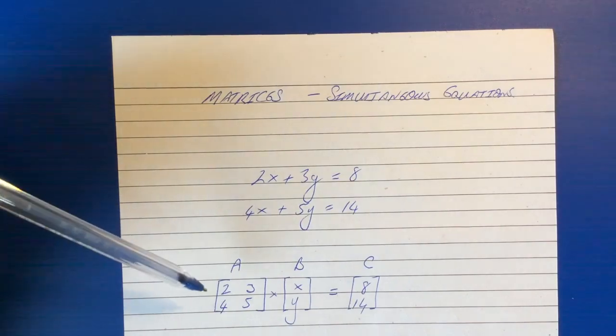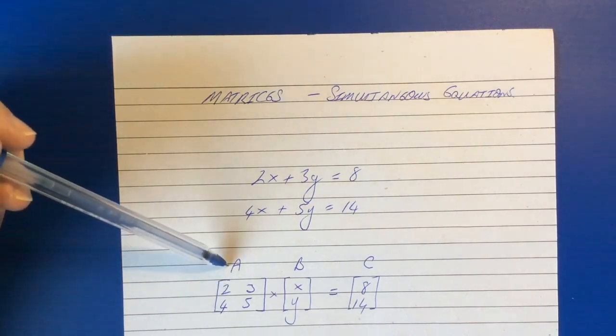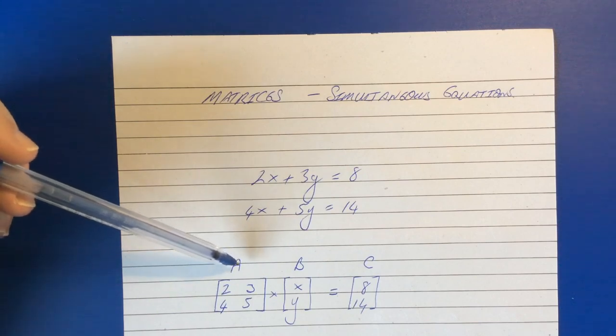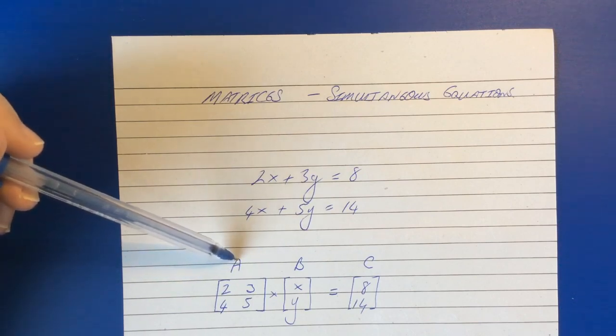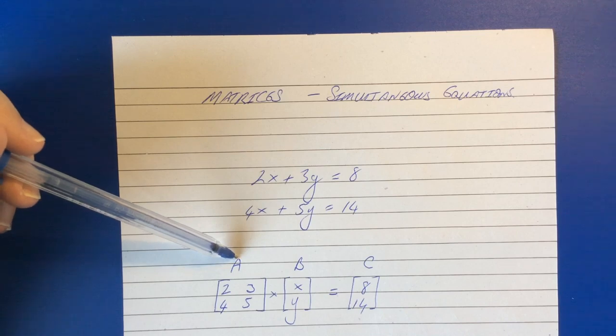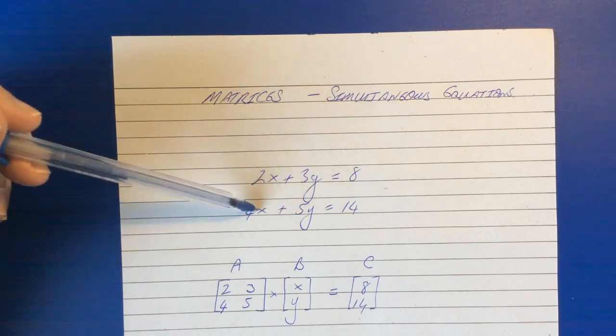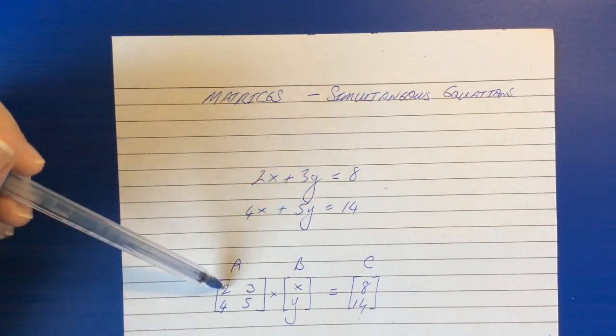Now, the setup for this is that we create a series of matrices. And the first one we normally call A. I certainly have called it A. And that consists of the coefficients of x and y, in this case, in this order.